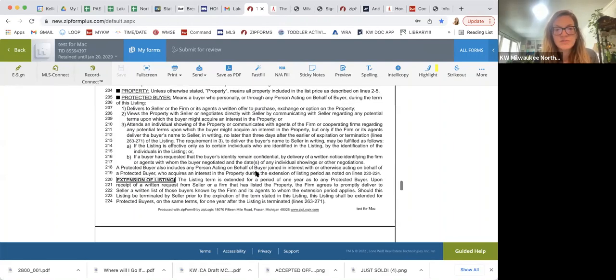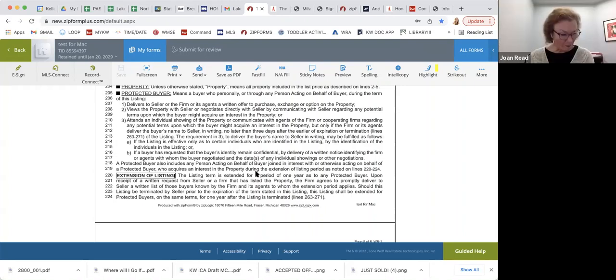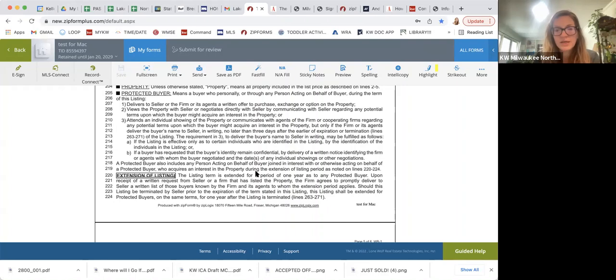So an extension of listing: when or if you come to the end of a listing agreement and the house has not sold yet, there's a provision here that the listing term is extended for a period of 1 year after the original expiration date of the listing contract, excuse me.